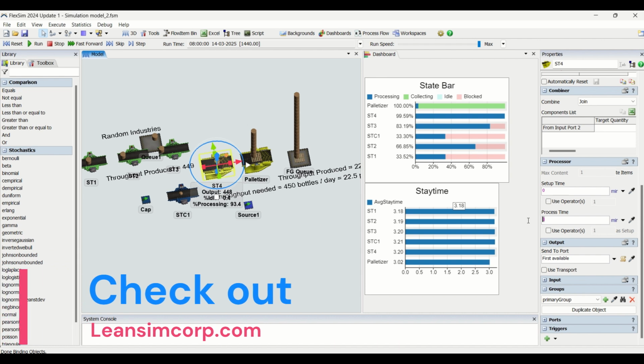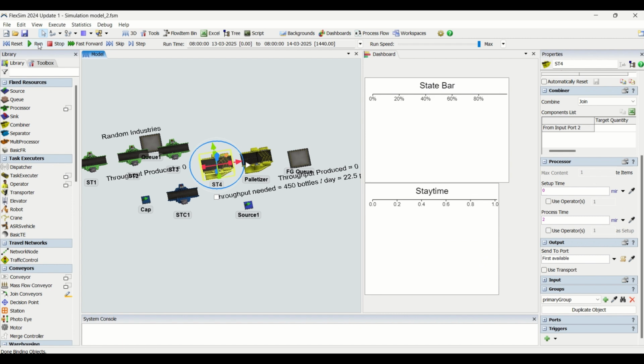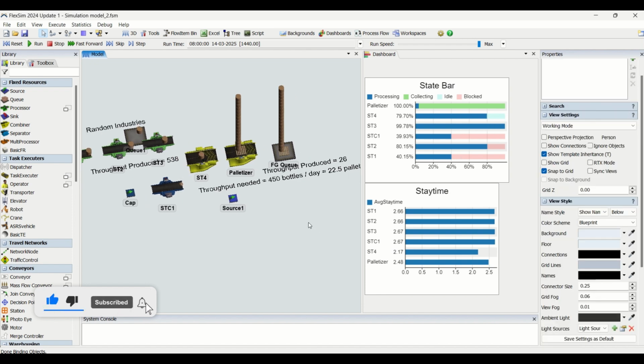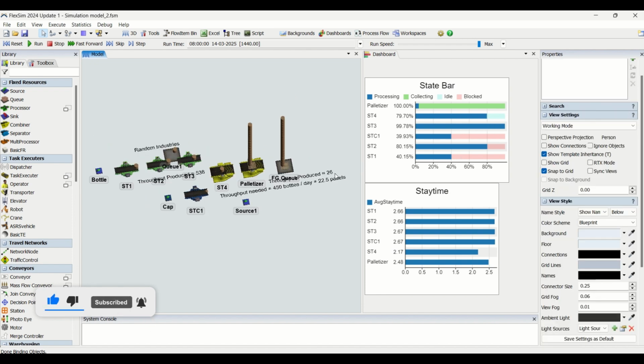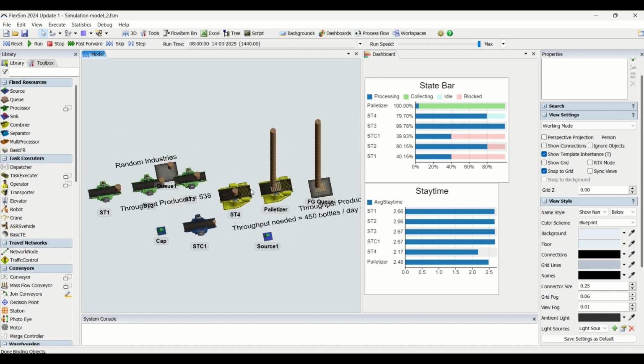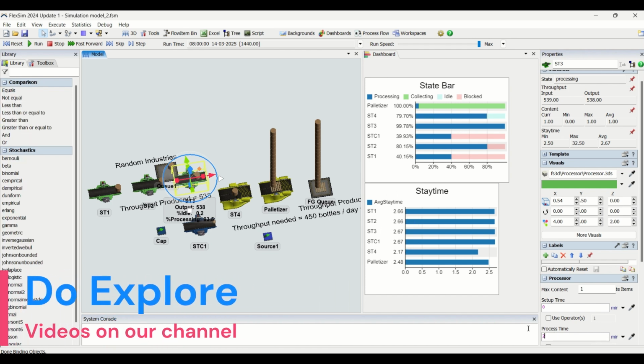If we improve the cycle time to 2 minutes, you will see that ST3 is now the bottleneck, and I am producing 26 pallets, which is 538 pieces per day. But as ST3 is now the bottleneck and its average cycle time is 2.67, let me make this 2 as well.